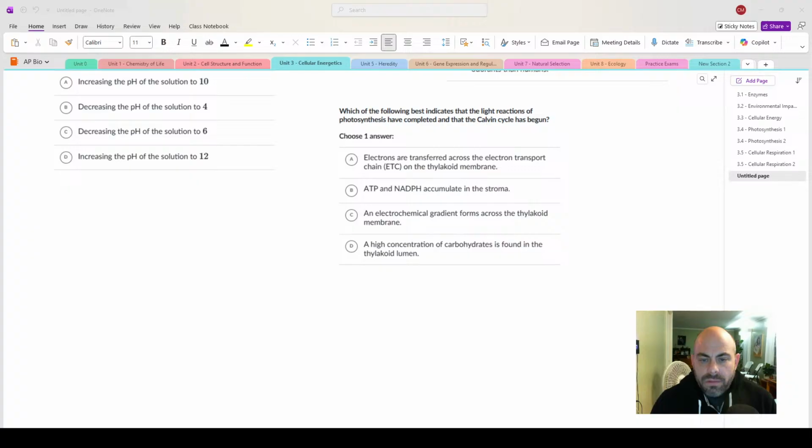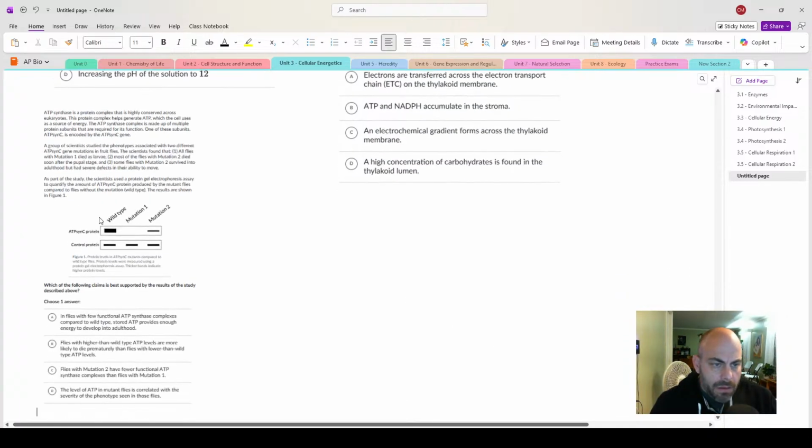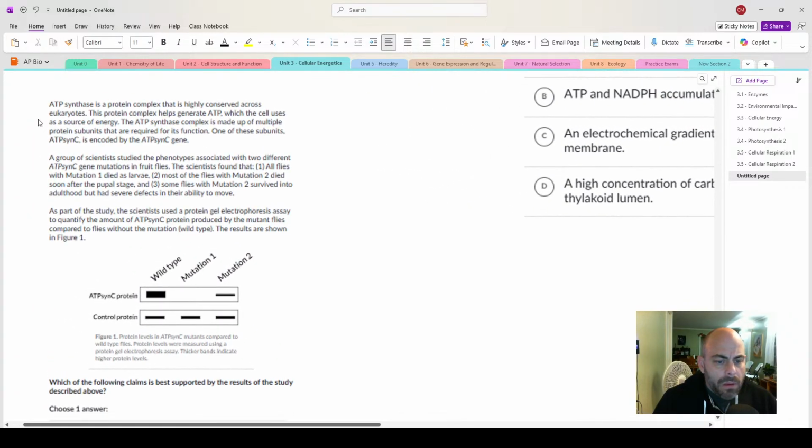Ooh, it's a long one. ATP synthase is a protein complex that is highly conserved across eukaryotes.